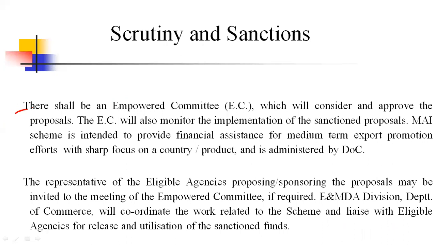The empowered committee will also monitor the implementation of the sanctioned proposals, how actually they are implementing, whether there is any feasibility of success or not. So the Market Access Initiative scheme is intended to provide financial assistance to medium-term export promotion efforts with a sharp focus on a country and product, and is administered by the DOC, Department of Commerce.